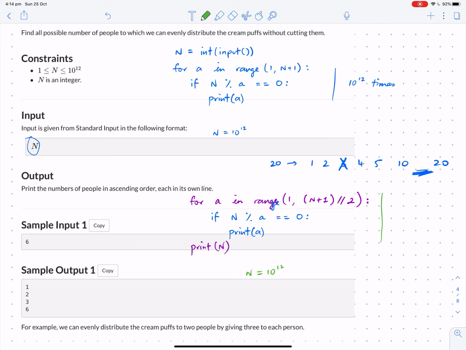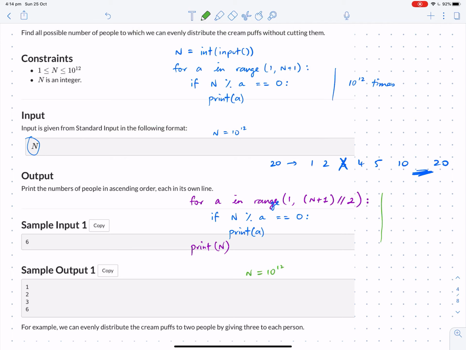Now, if you divide 10 to the 12 by 2, then that is 5 times 10 to the 11. So we're doing on the order of 10 to the 11 things here. And that's still far too much, isn't it?